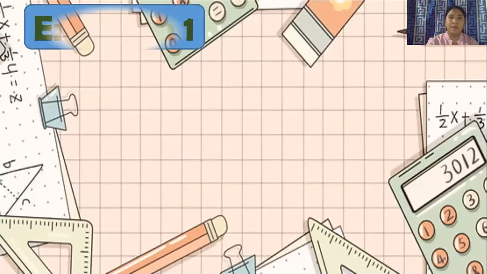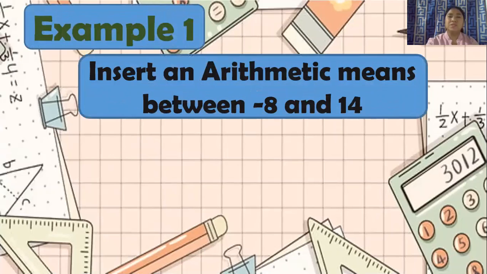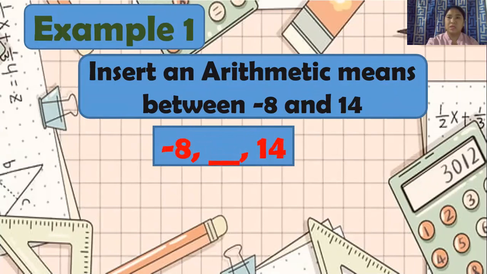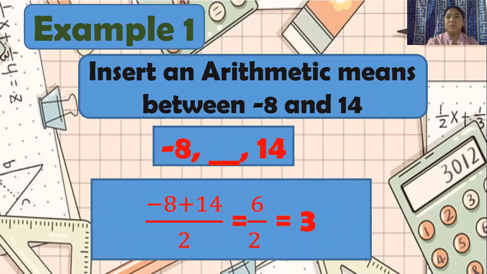Example 1. Insert an arithmetic mean between -8 and 14. In illustration, -8, blank, 14. So nawawala natin ngayon yung middle term or yung nasa gitna. Since tatlo lang naman yung ating terms at yung nasa gitna yung nawawala, we can find that by using the average.